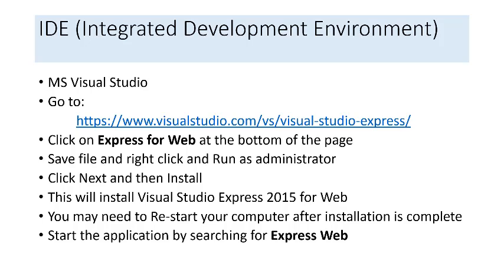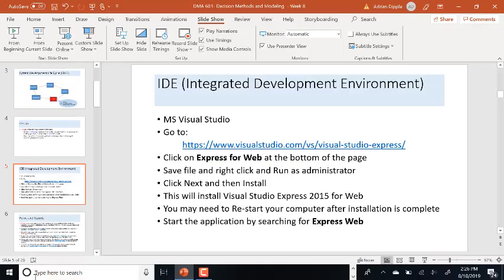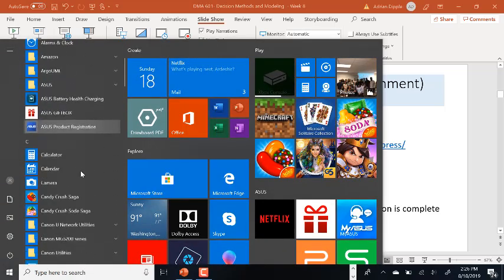If you Google it, very simply you can download and install it. Using this tool, you can actually create some forms. Let me quickly show you how. So I'm going to start my Visual Studio.